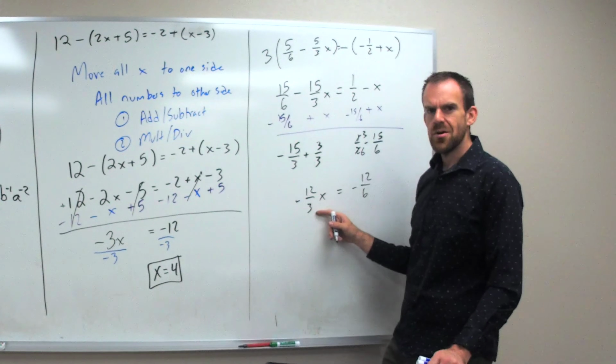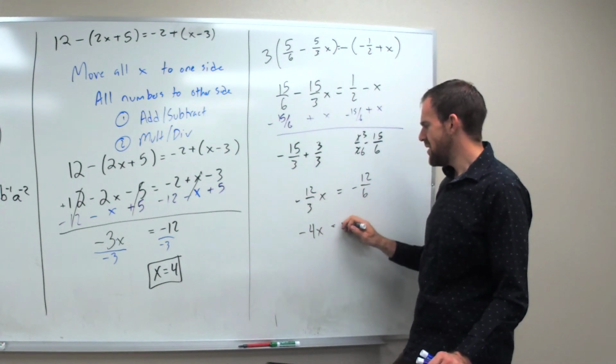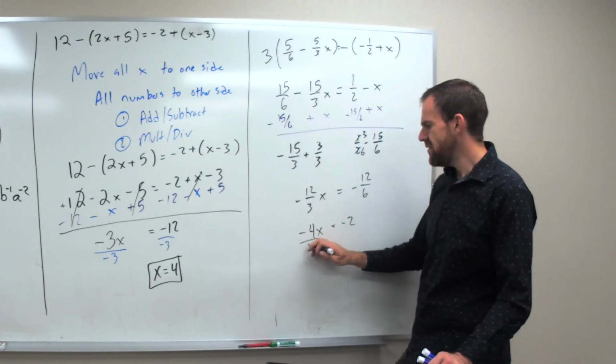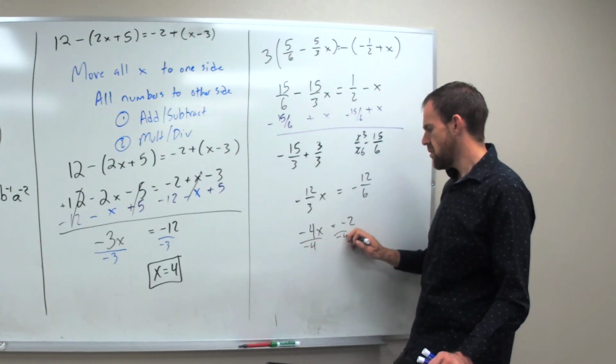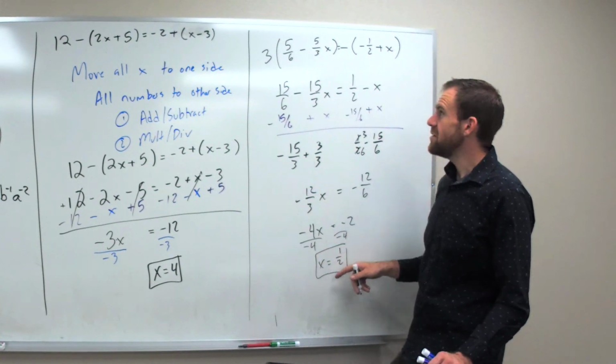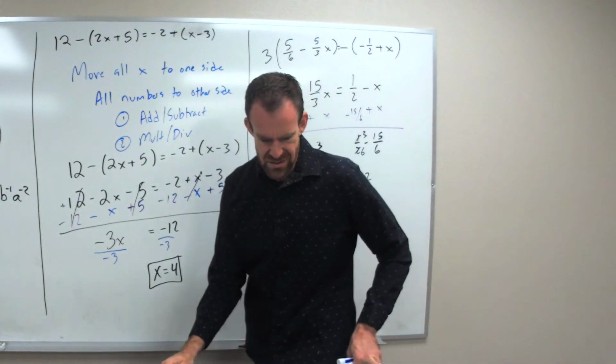Well, I know this number better as 4. I know this number better as negative 2. So the answer is, if I divide by negative 4, x equals 1/2. Again, you can take that, plug it back in at the top, and make sure your answer is correct.